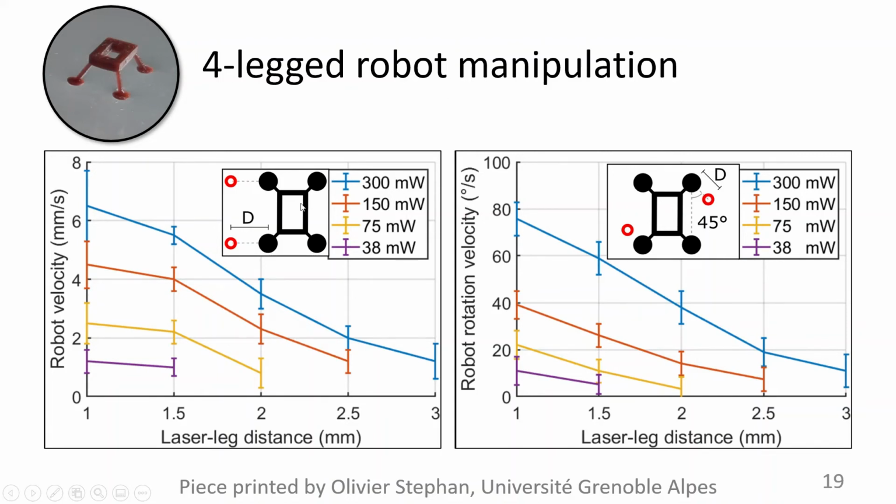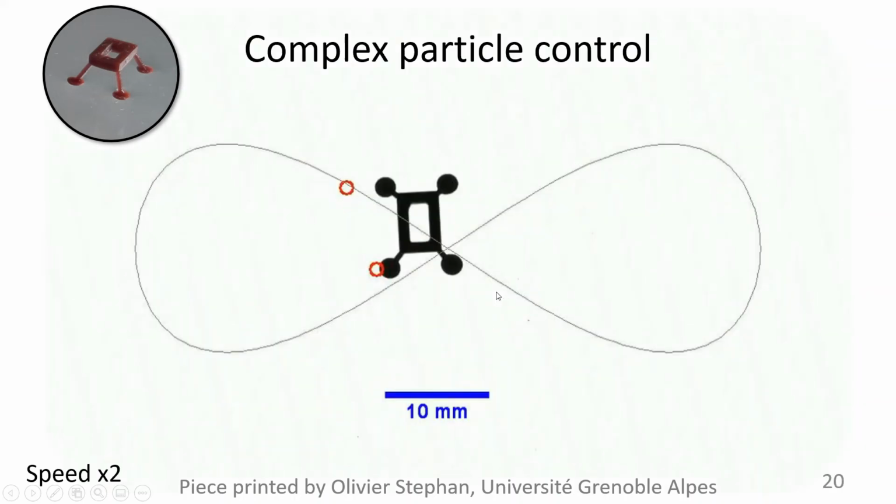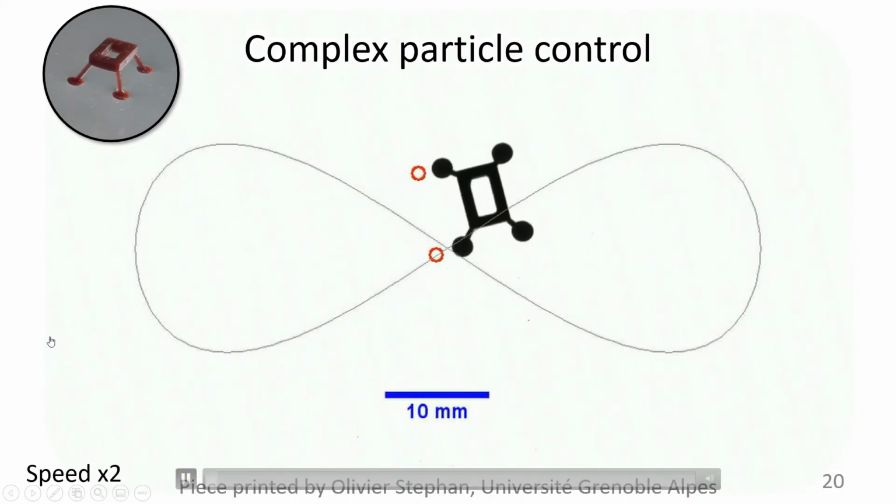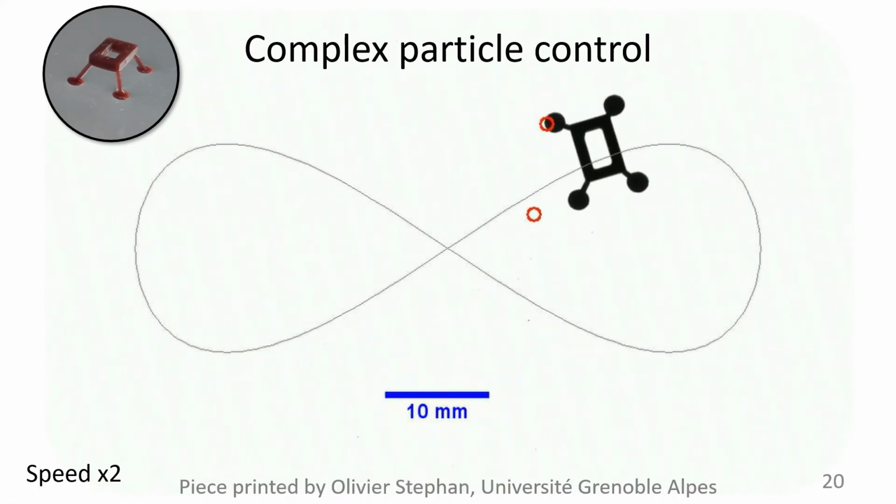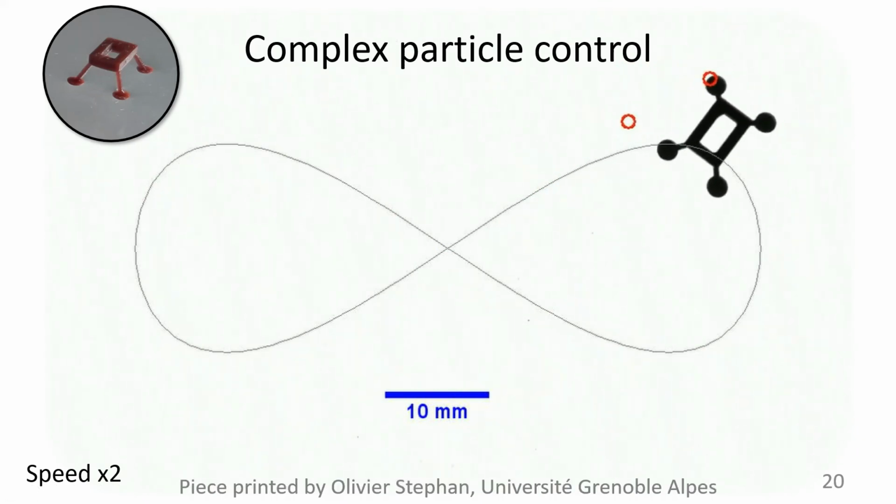We can see that we can displace the robot by placing the 2 laser spots around the 2 neighboring legs, or make it rotate, placing the laser spots around 2 opposite legs. And the rotation or displacement velocity, of course, depends on the laser power and on the laser-leg distance. By doing that, we can control these bigger objects around this loop, for example.